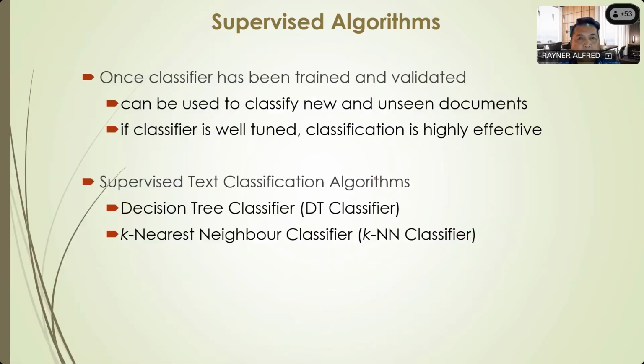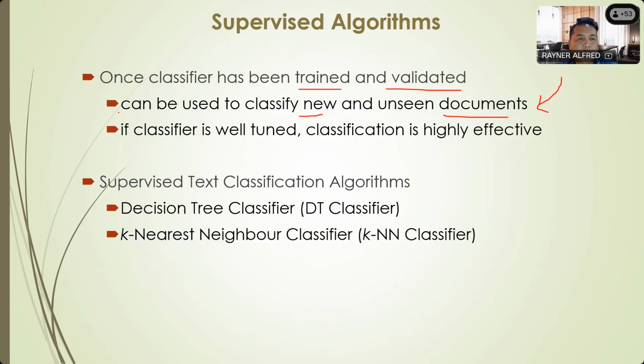So in the supervised learning that we have, we will have one classifier that is trained and validated. Train means we fine-tune the hyperparameters that we have, and it can be used to classify new unseen documents. If we have a new unseen document, it will automatically assign a class label to that particular document.